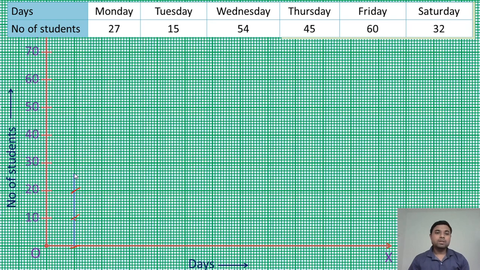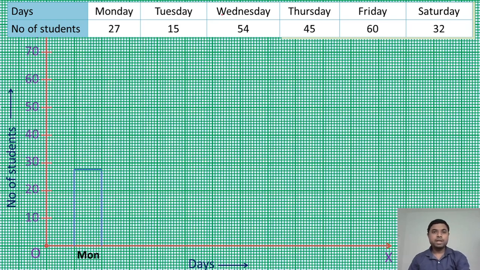Is it clear? Draw another line also. These are the two sides of the rectangle. Now join. So this becomes a bar. Write Monday. This is for Monday.